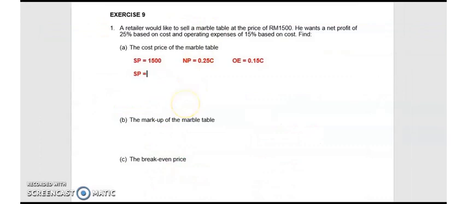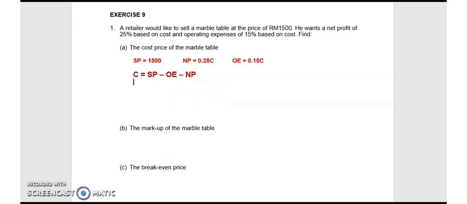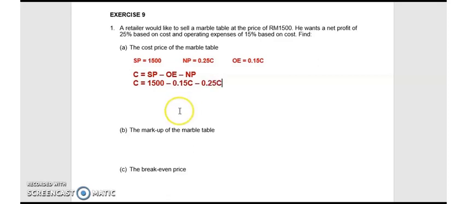Now use this formula: cost equals selling price minus OE minus NP. So cost equals selling price 1,500 minus OE, which is 0.15 C, minus net profit 0.25 C. Now look, you have C on both sides, so make C the subject.